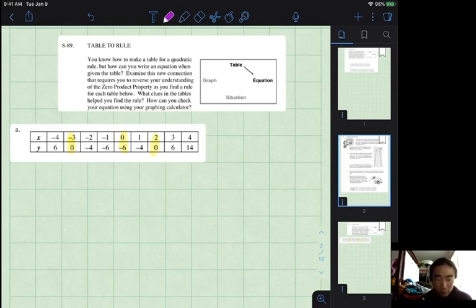Very good. And I'll ask a more leading question. Can you identify which one of these 3 points is the y-intercept based on what you know about a y-intercept? Is it this one, or this one? Which one's the y-intercept?